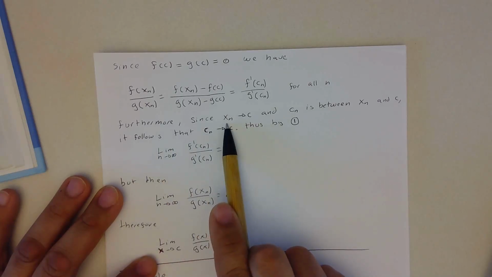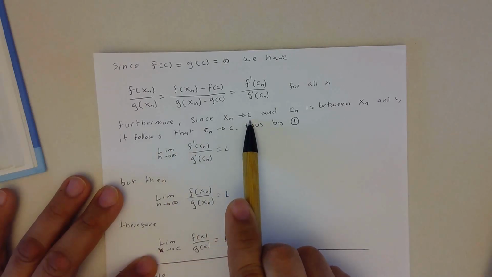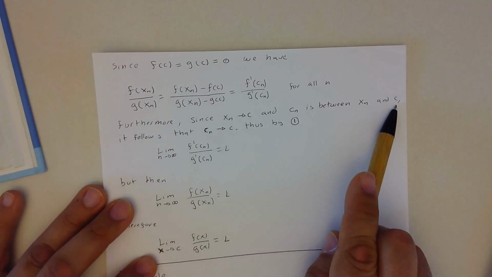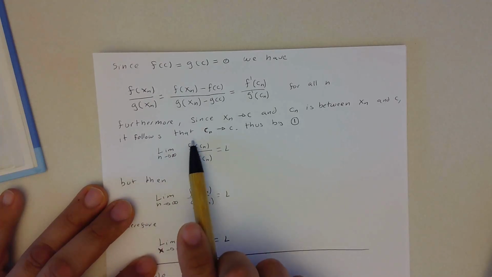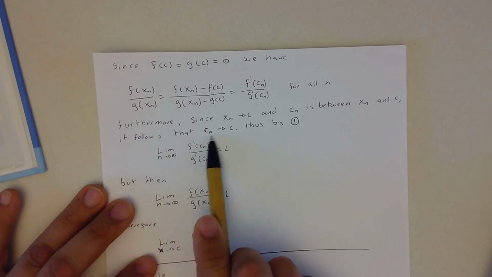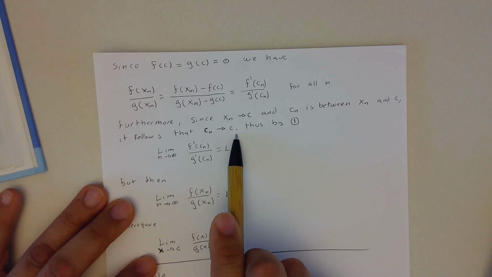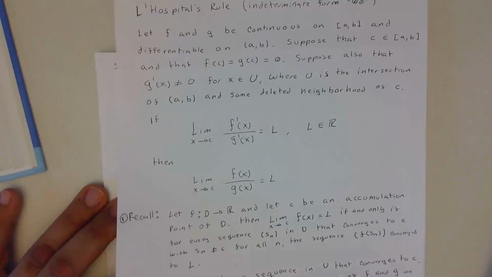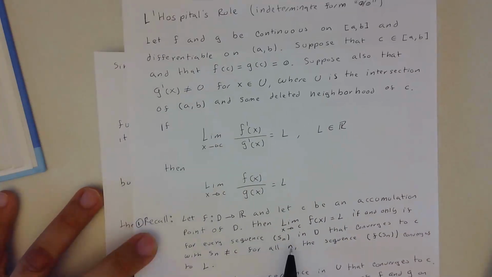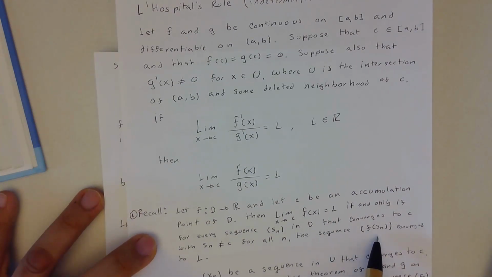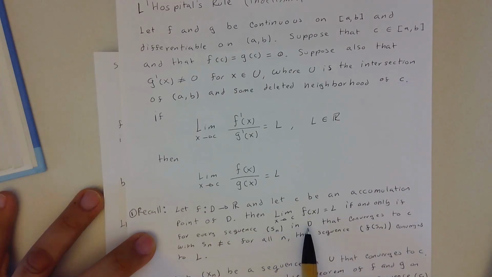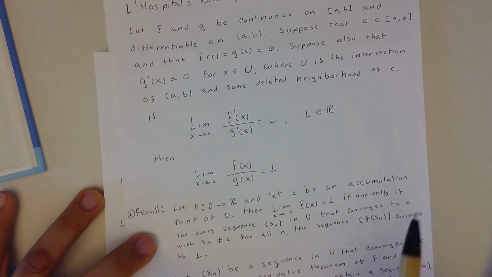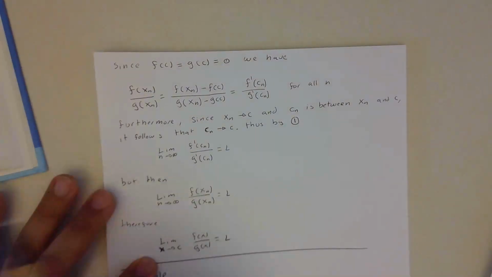Then for the second x_n that is converging to c, and c is also between these two, it follows that the sequence c_n is tending to c also, and this is because of what I recalled here, number 1, because if we have a sequence that is going to a point c, we also have the function going into the evaluation of that as a limit.